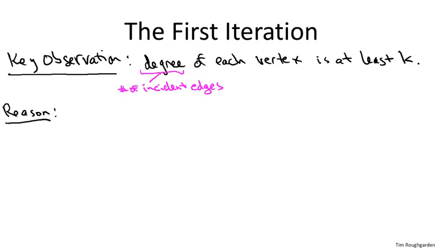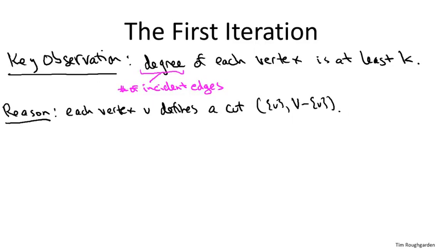Well, it's because if you think about it, each vertex defines a cut by itself. Remember, a cut is just any grouping of the vertices into two groups that are non-empty, that don't overlap. So one cut is to take a single vertex and make that the first group A, and take the other n-1 vertices and make that the second group, capital B. So how many edges cross this cut? Well, it's exactly the edges that are incident on the first node, on the node on the left side.